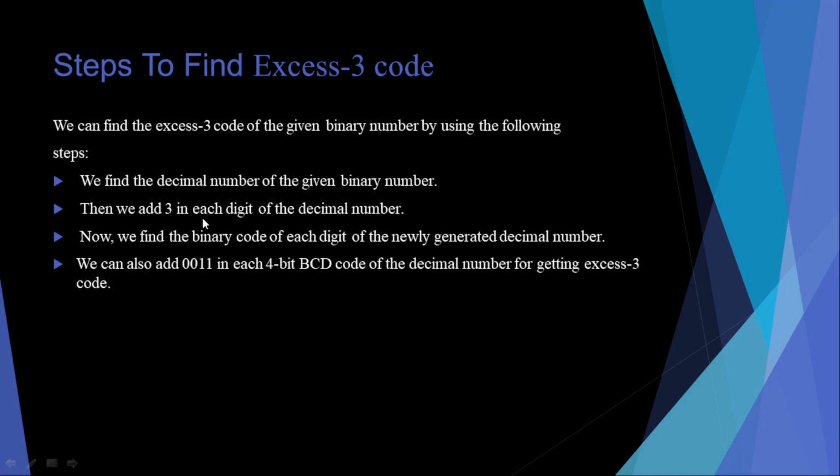First of all, you need to find the decimal number for the given binary number. Then you need to add 3 to each digit of that decimal number. And you will find the binary code for each digit separately.